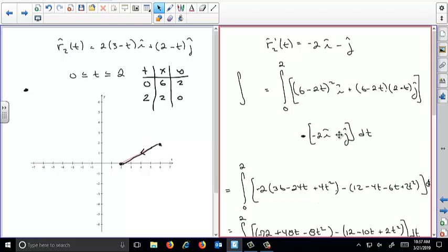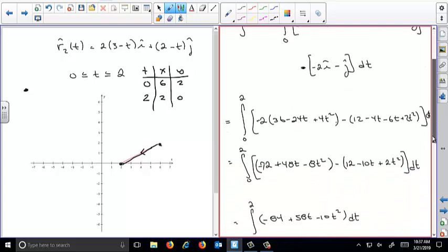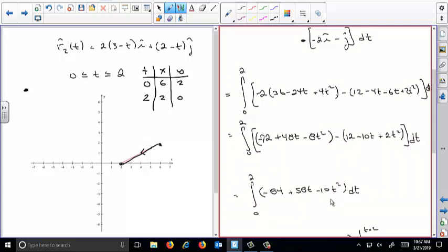You take negative 1, that's where the negative sign comes from, and then if you multiply this out, you'll get 12 minus 4t minus 6t, because this is a negative sign. Negative 6t and then positive t squared. So if you multiply all this stuff out and then combine like terms, you get to this expression.